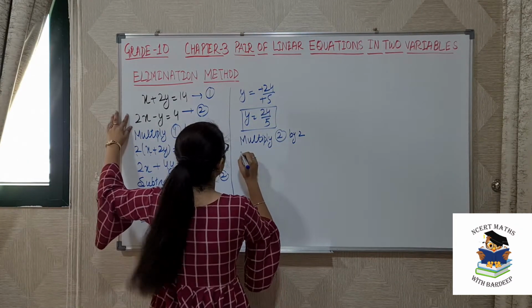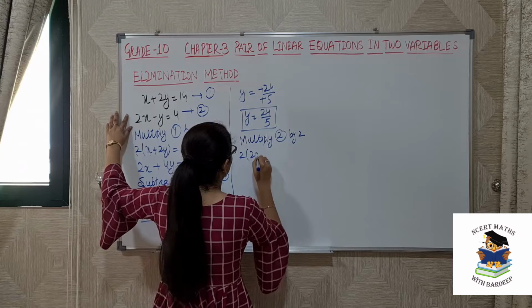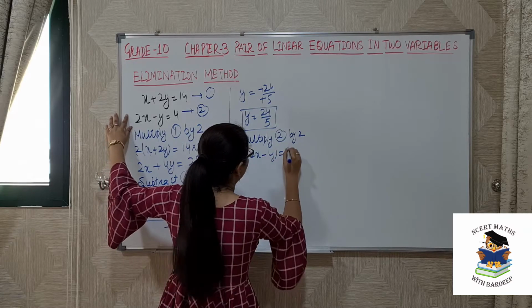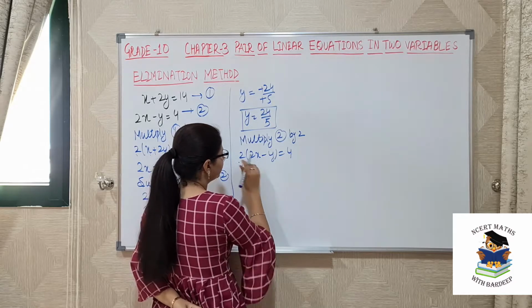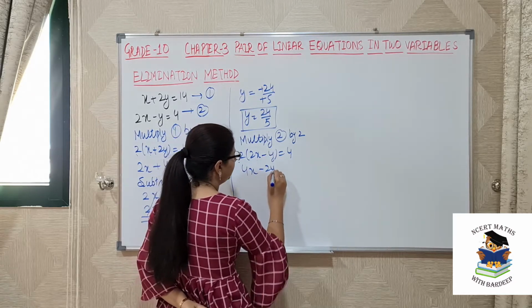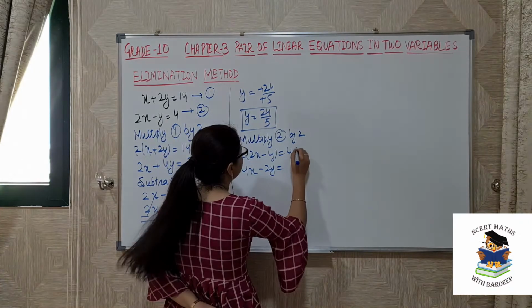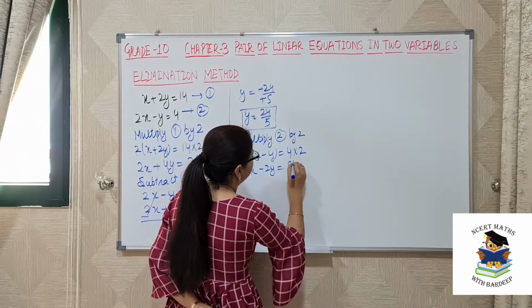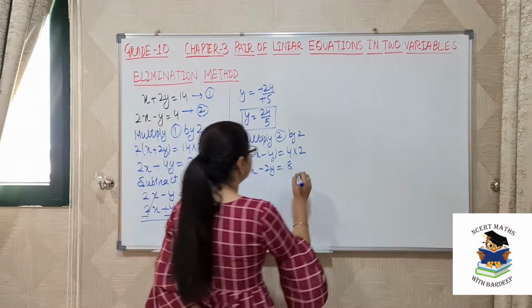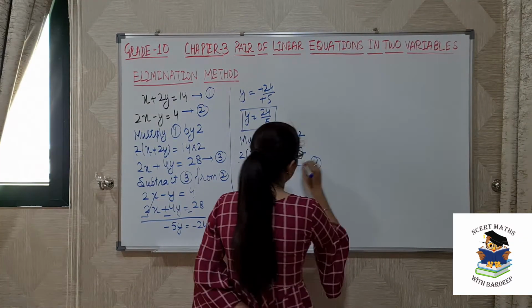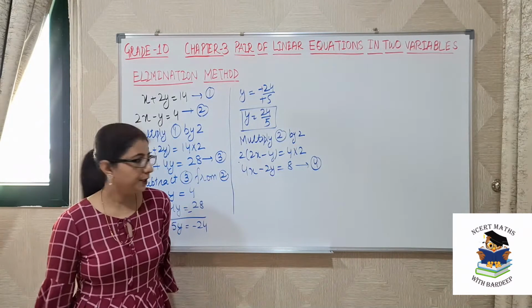So this is 2 into 2x minus y equals 4. So this will become 2 into 2x as 4x, 2 into y as minus 2y equals, this is also multiplied by 2, so 8. Since I have already marked them till 3, this will be my fourth equation.